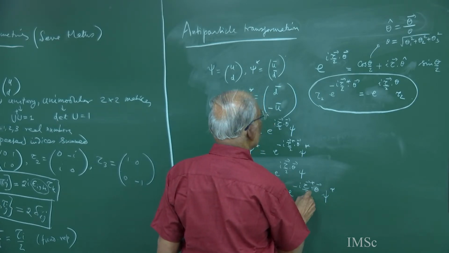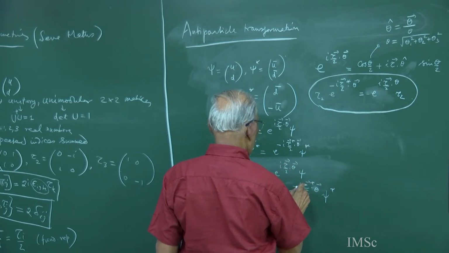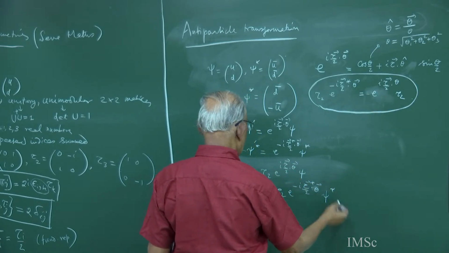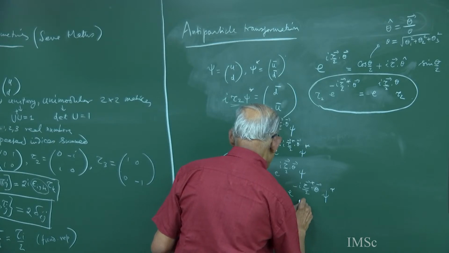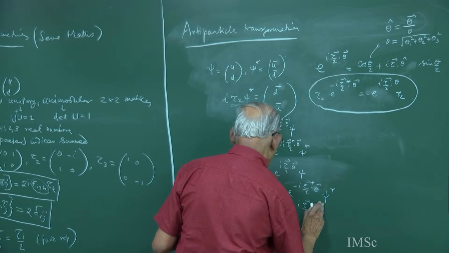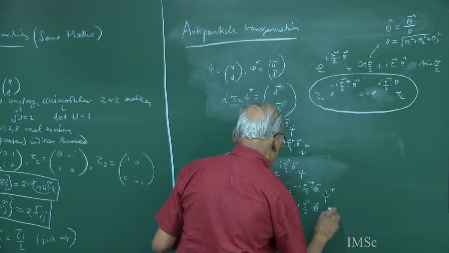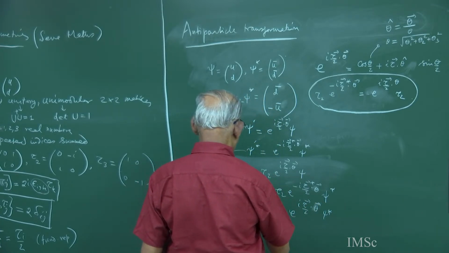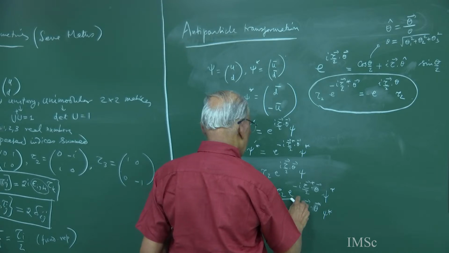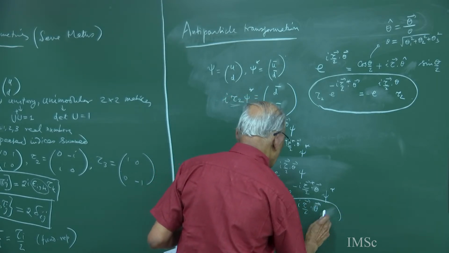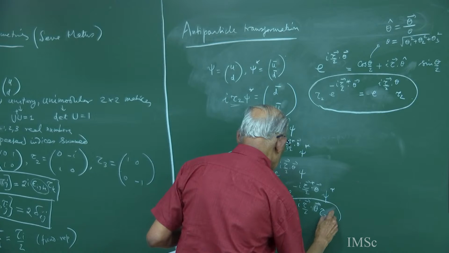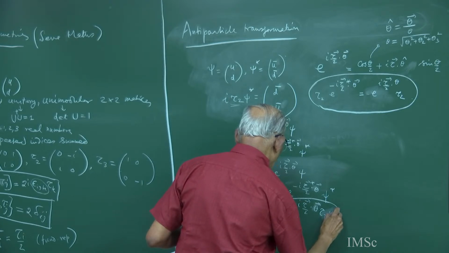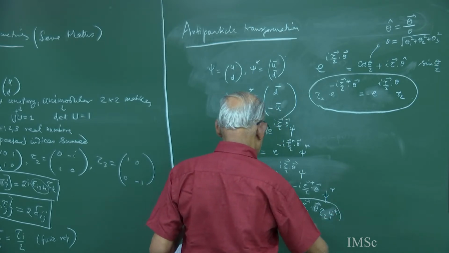But this tau 2, you try to commute, this will become plus and the star will get removed and tau 2 will come to the other side. So tau 2, I am sorry, tau 2 I have tried. So this is the important equation.